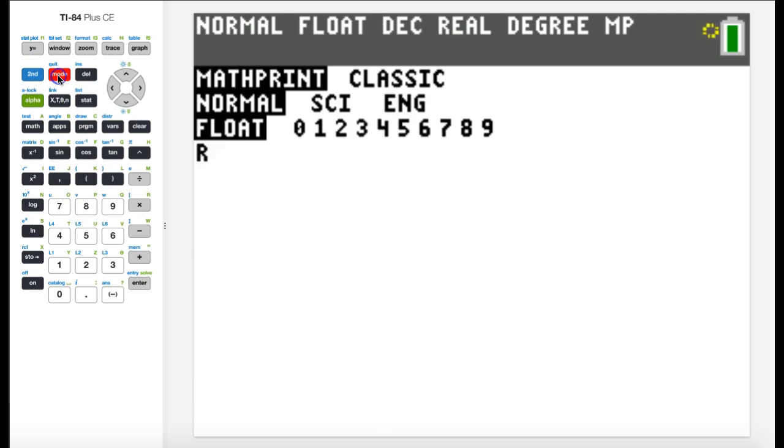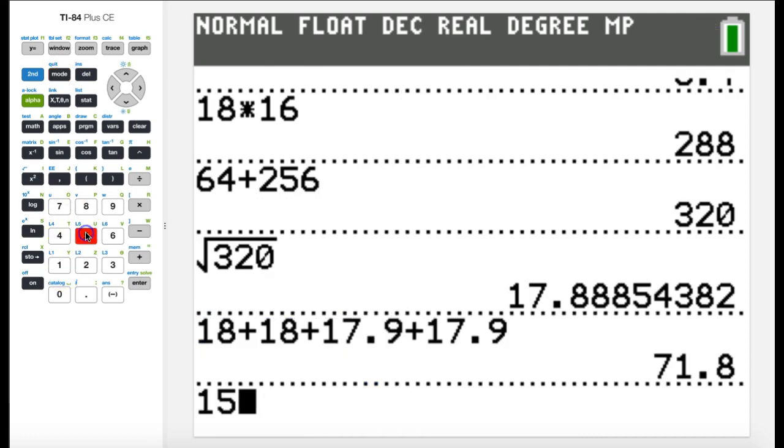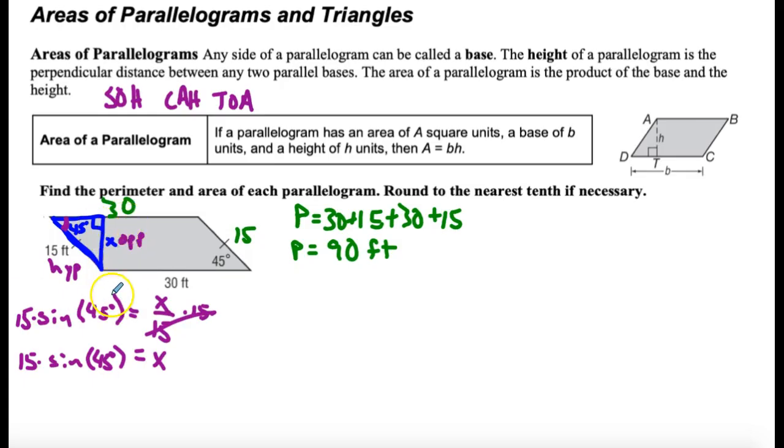Remember, make sure your calculator is in degree mode whenever we're doing anything with trig. So 15 times the sine of 45 gets me 10.6. So the height of this parallelogram is 10.6. I'm going to erase this label here and just type in 10.6.